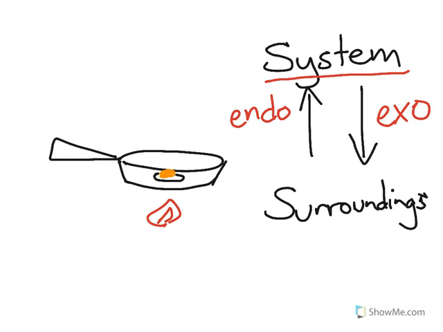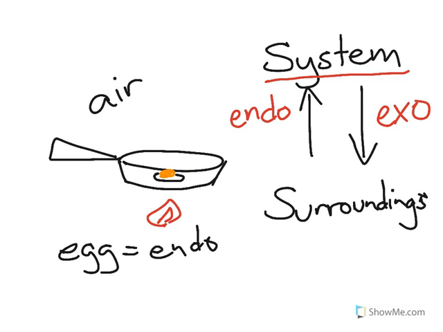Well, the egg is receiving energy from the fire that's being transferred into the pan in order to cook the egg. It's also got the air around it, and the air gets hot around it as well because of the fire, and if that's the case, it's still endothermic. So again, if the egg happens to be the system, then we say that this is an endothermic reaction.